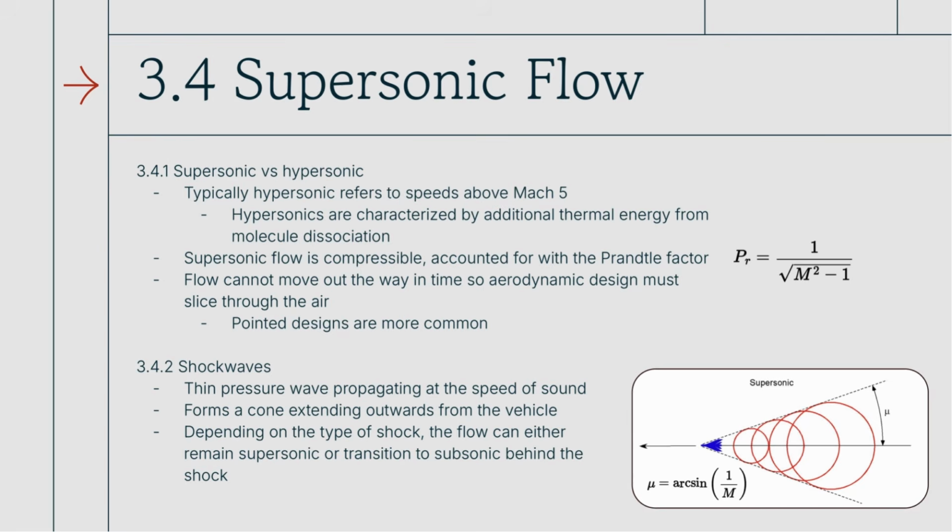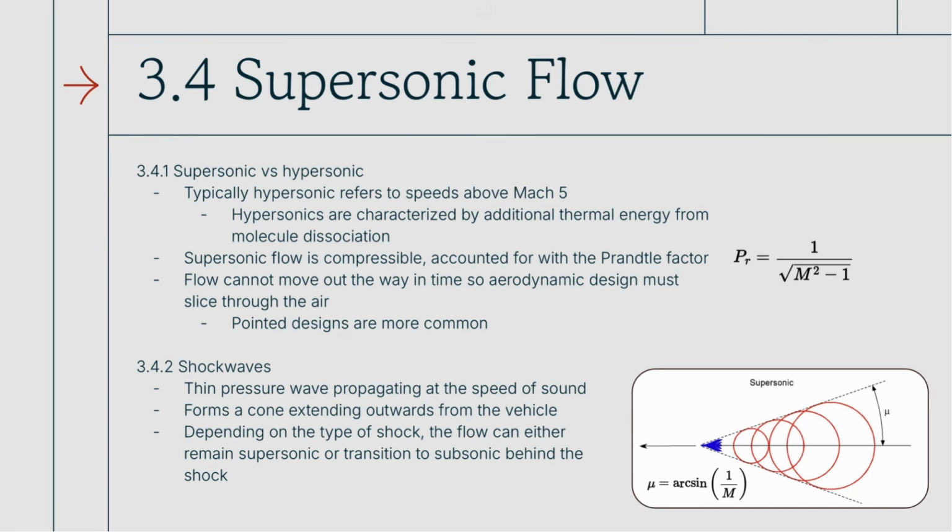So it's a discontinuity that's basically forcing the air to go back to its normal behavior of flowing at less than the speed of sound. It forms a cone extending outwards from the vehicle. I talked about that. And then depending on the type of shock, the flow can either be supersonic or subsonic after the shock. So again, referring back to that discontinuity.